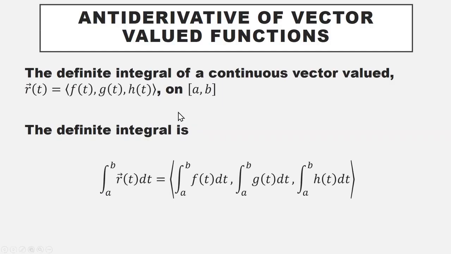So antiderivatives work the way you would think. Now that is an indefinite integral. If you do a definite integral on a continuous vector valued function, it needs to be continuous or else it doesn't make sense.